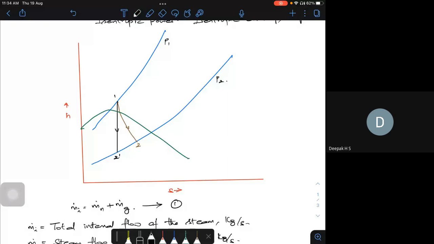The point one is superheated. This is a completely superheated state, and I can move higher and higher.